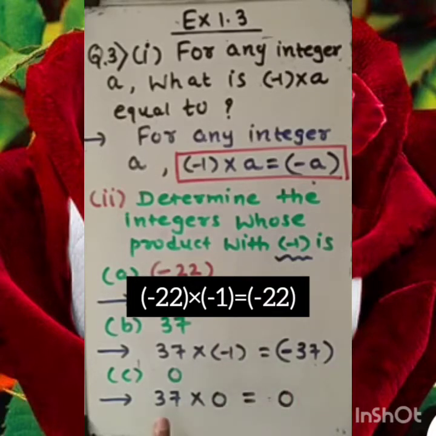And when we multiply any number with 0, the answer is 0. Here it is not 37, I am correcting. Here the C part is 0 and this is minus 1. 0 multiplied by minus 1 is of course 0. So this is the complete solution of question number 3.